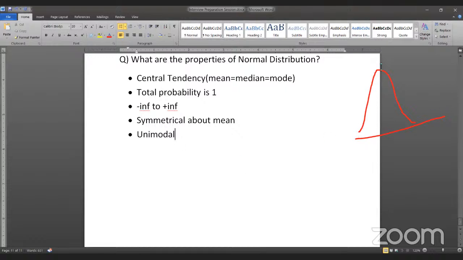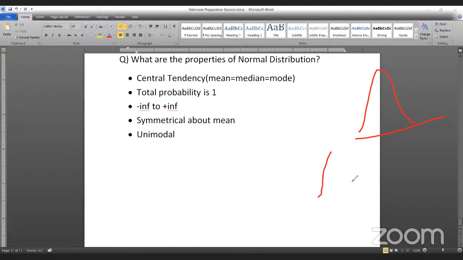Unimodal means just this one curve will be there. A bimodal curve has two modes, so basically two peak points, and trimodal will have three curves like this. So a normal distribution will have only one mode.